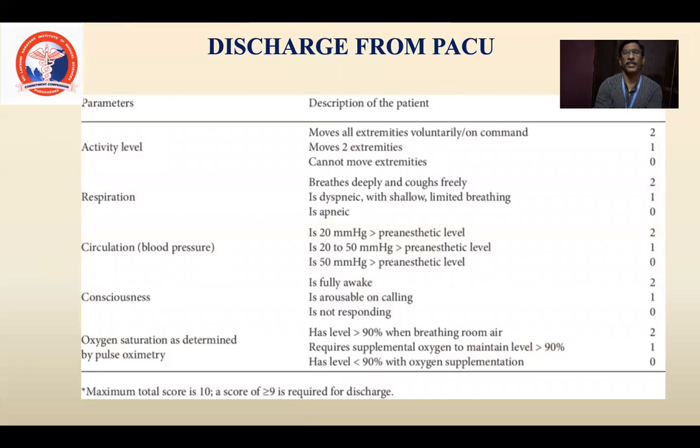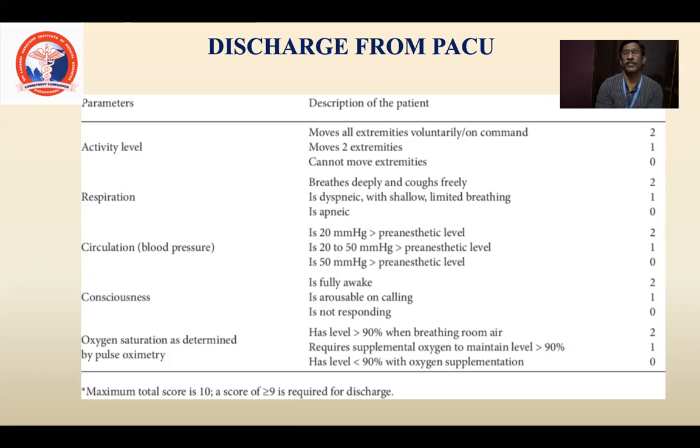So it cannot be subjective. I may say that out of my experience, this patient can be sent to post-op ward. Not like that. We have an objective pattern. There are 5 parameters, out of which the top one will get 2 score. The other one will get score of 1.